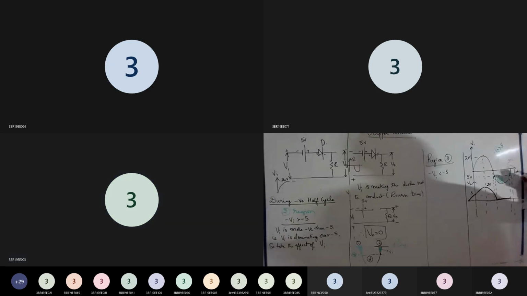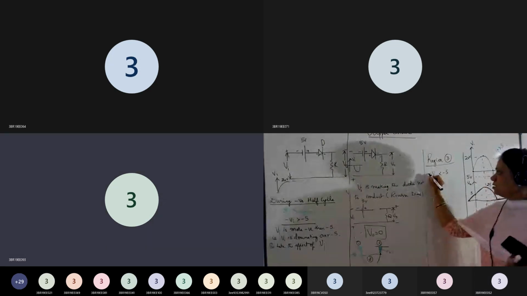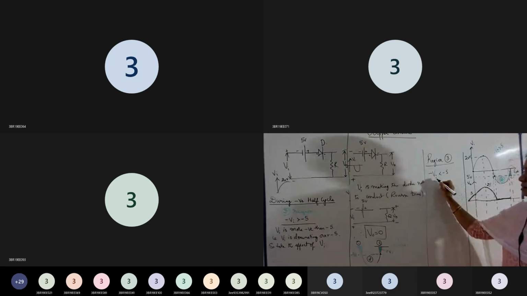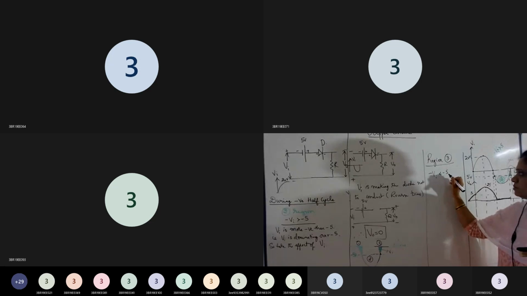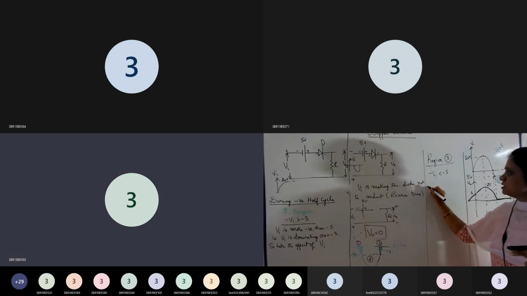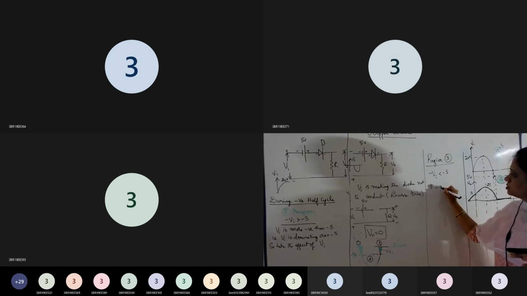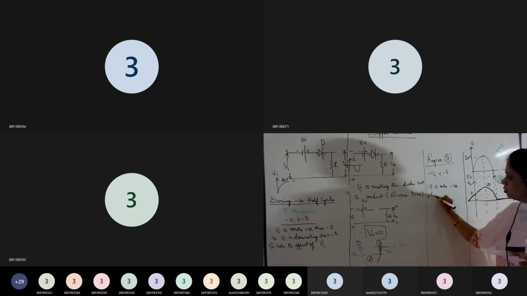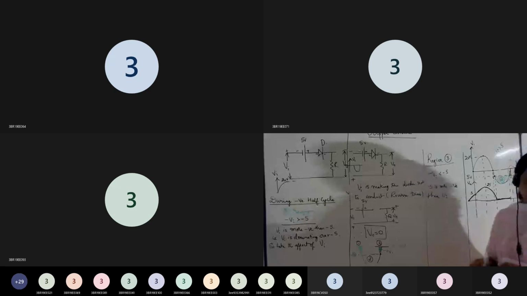This is the minus 5 line, this is VI. So which one is more negative? Minus 5. Minus 5 is dominating, right? So write that. If you have any doubt, please ask me. I am writing here: in the third region, minus VI is less than minus 5, means minus 5 is more negative than minus VI.